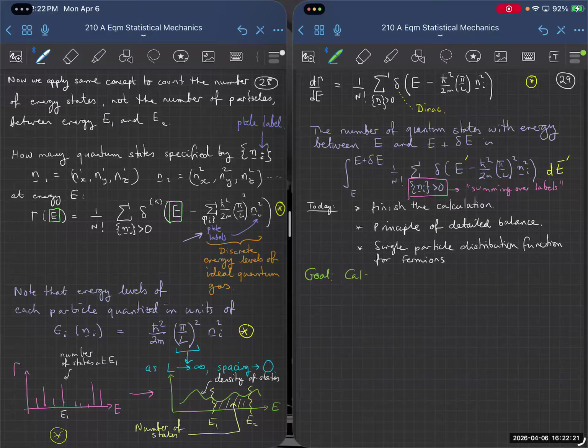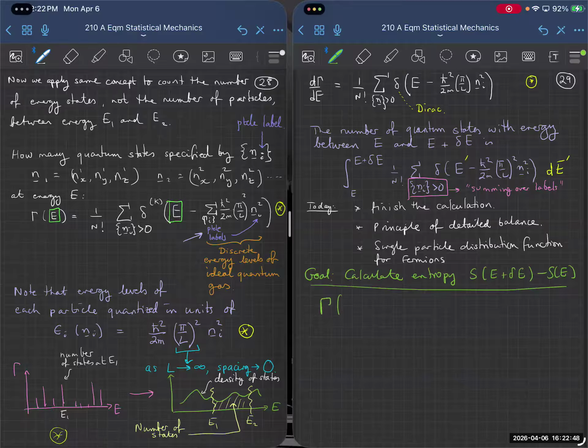So we're going to calculate the entropy, and this entropy is going to be the entropy for how many particles are within E plus delta E minus the entropy of particles at E. So we're going to be looking at the number of states between E plus delta E minus the number of states at E, and that I'm going to write as d gamma by dE times delta E.